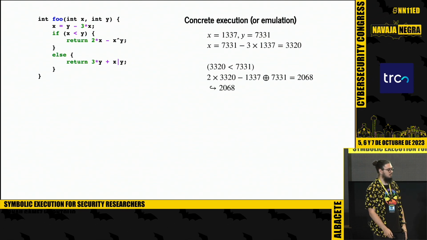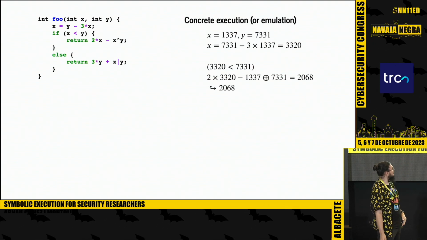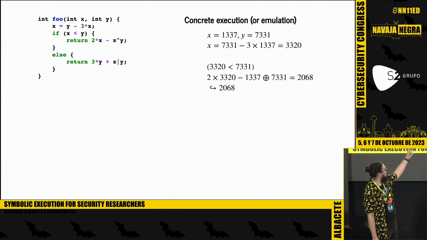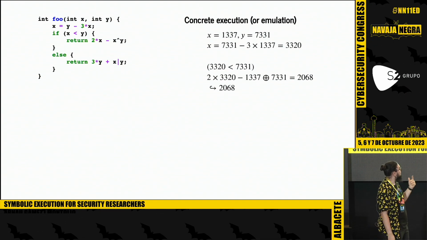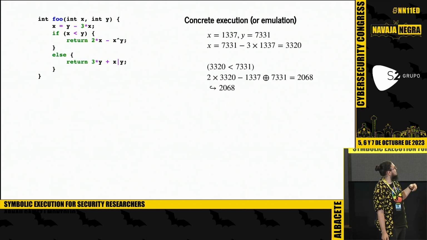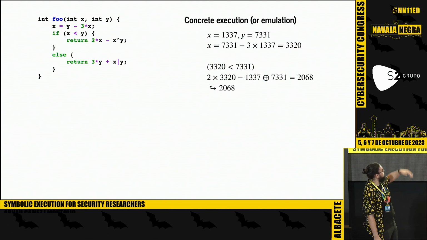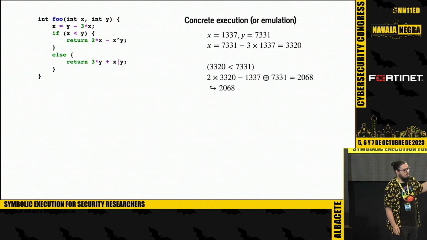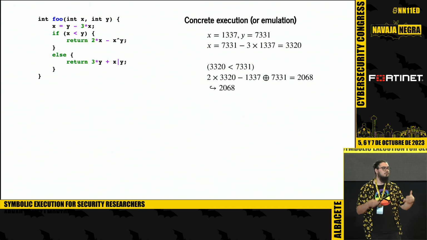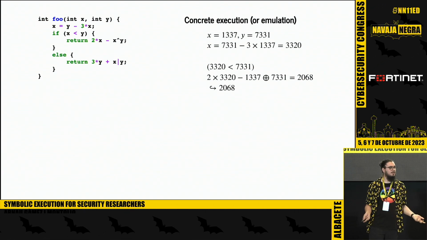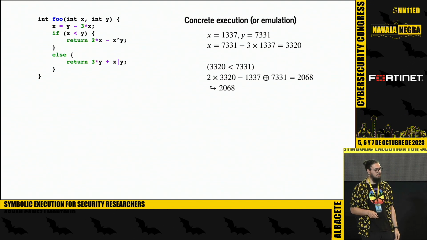So we give the values to x and y, make the computations that are happening here, and at the end, we see that the first statement for x puts its value to 3320, and then we check that this 3320 is less than the initial value of y, so we return the first computation. And at the end, we just return a concrete value. This is a concrete execution. This is what a calculator, an emulator, or just your regular execution of a binary does on any function or any level of the code.